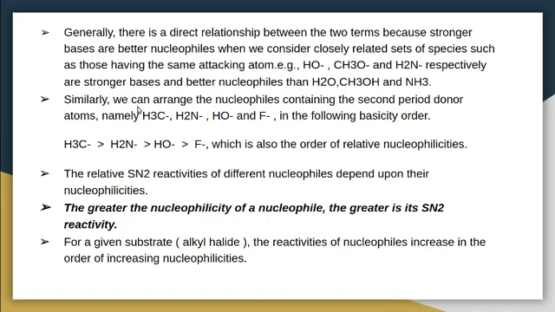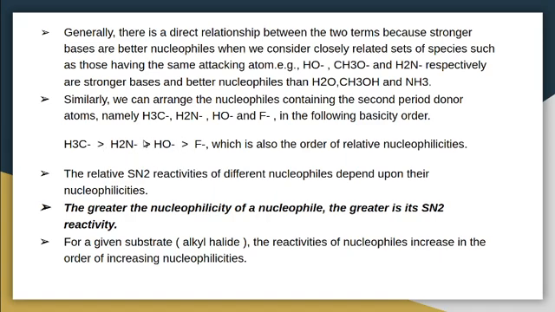Then similarly, we can arrange the nucleophiles containing the second period donor atoms, namely CH3 minus, NH2 minus, OH minus, F minus, in the following basicity order. CH3 minus has higher basicity compared to NH2 minus, then OH minus, then comes F minus, which is also the order of relative nucleophilicity. So basicity order and relative nucleophilicity order are in the same manner.